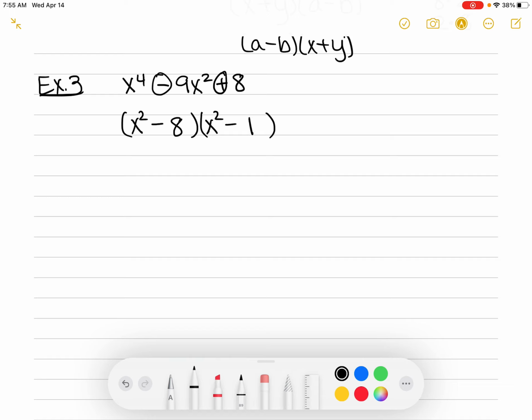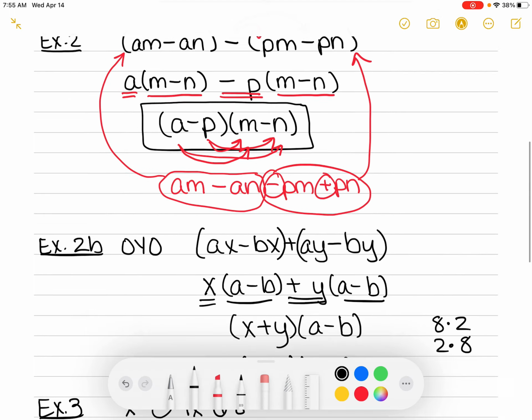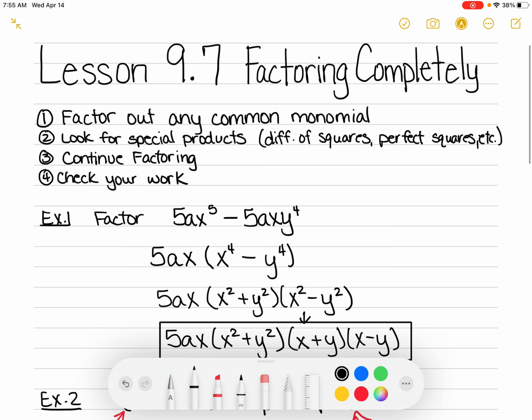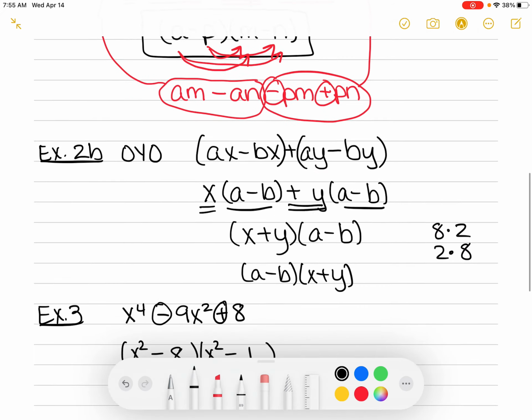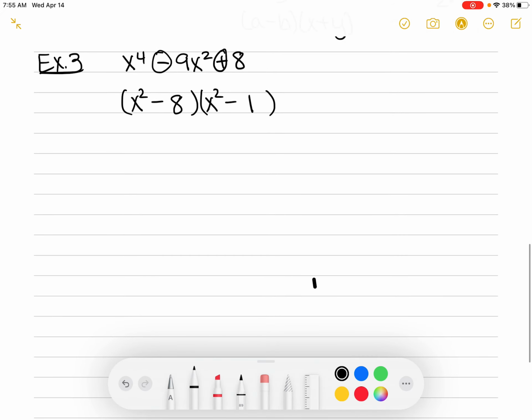Okay, now remember all the stuff at the beginning up here, right? You need to always continue factoring even when you think you're done. So once I'm done with this one, I look back at it and I say, oh, wait a minute, this is a perfect square. So I need to keep factoring.